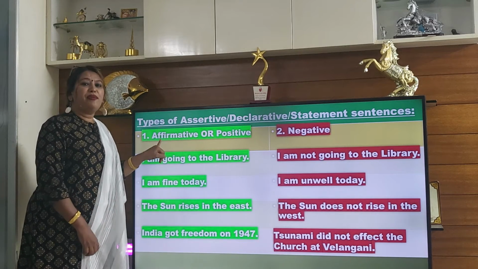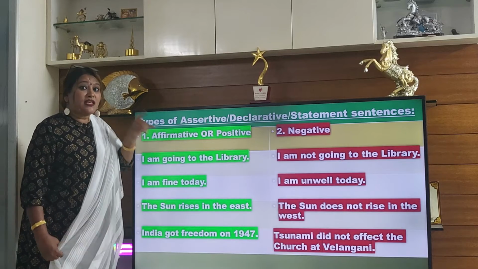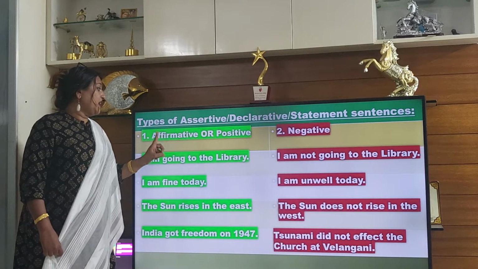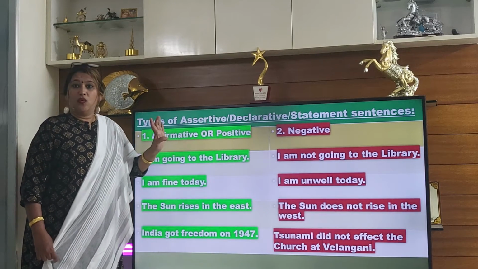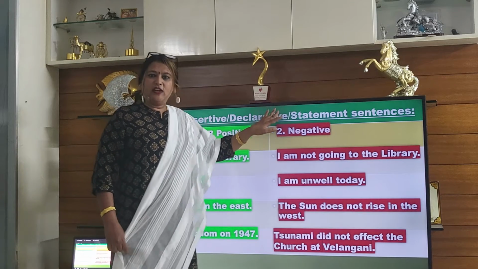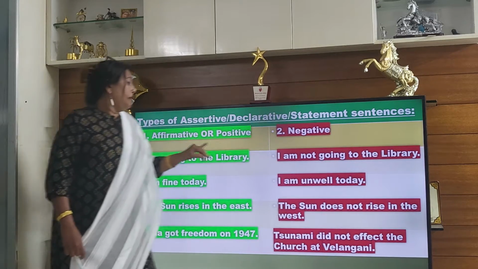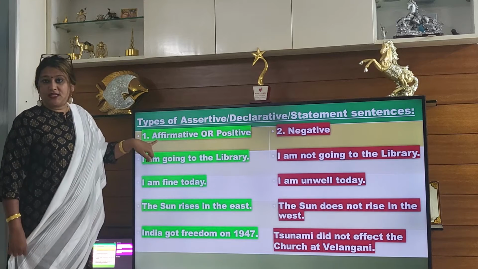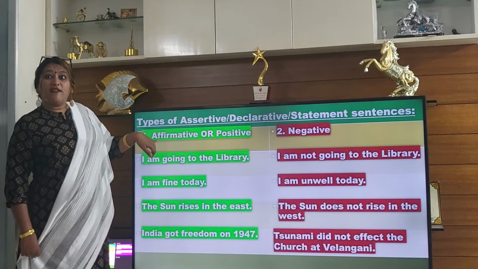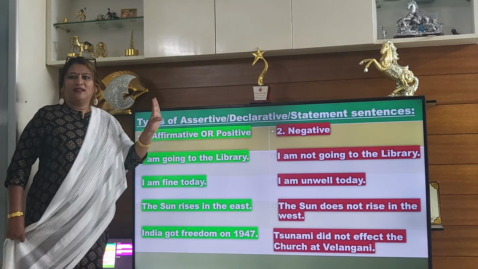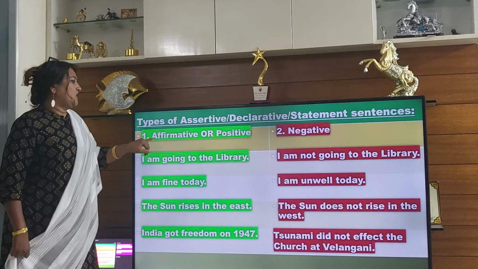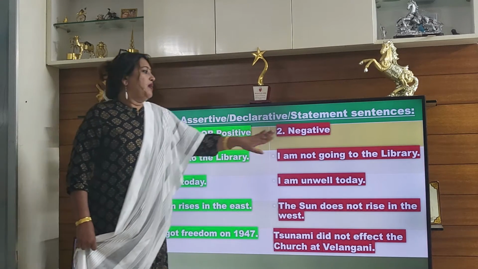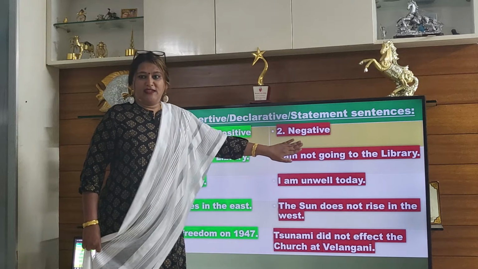Positive means affirmative. Don't get confused. Affirmative and assertive, no. Assertive is the name of the kind of sentence. Got it? But affirmative is positive. If you have been asked affirmative, then don't go blank. Got it? So affirmative or positive, and second kind is negative.